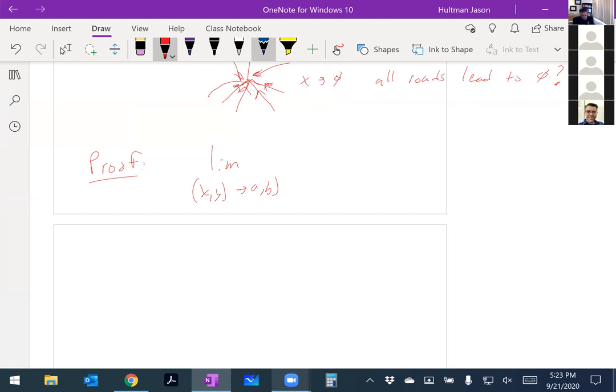It should be 0, 0. Sorry. Should prove that it should be 0, 0, not a, b. The limit as x, y approaches 0, 0 of 3x squared y over x squared plus y squared equals 0. I want to prove this. Let's prove it, people.